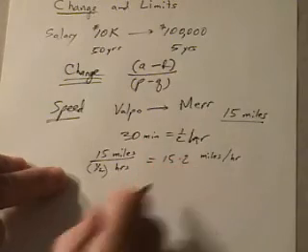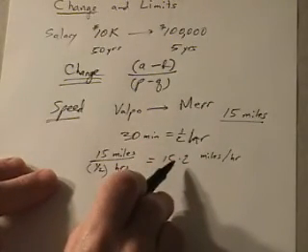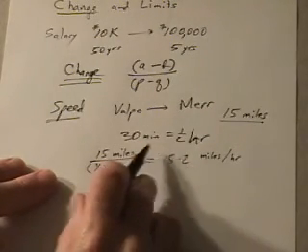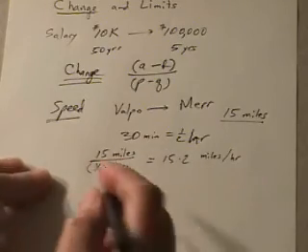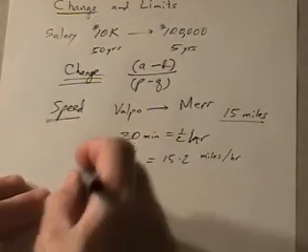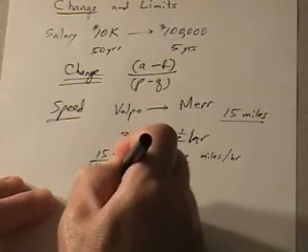And 15 times 2, of course, is 30. So 30 miles an hour is how fast you were traveling. Now, of course, what this is commonly called is the average speed.